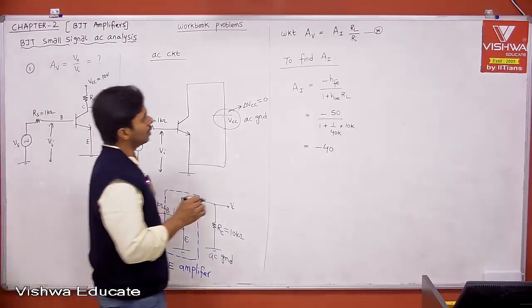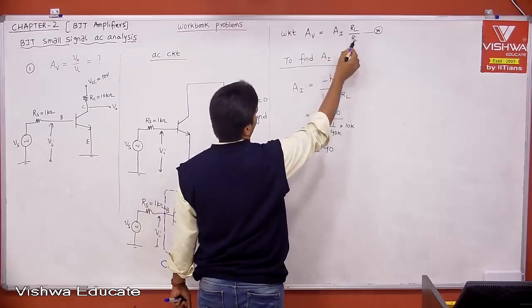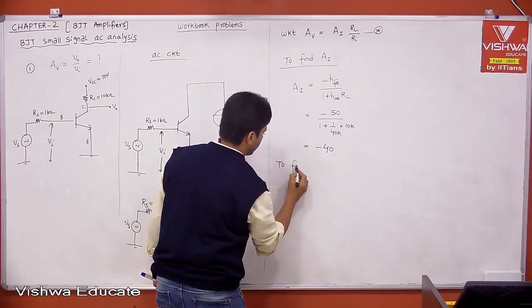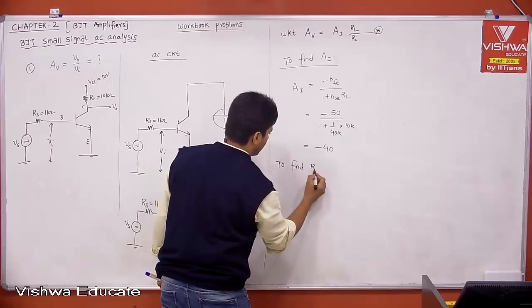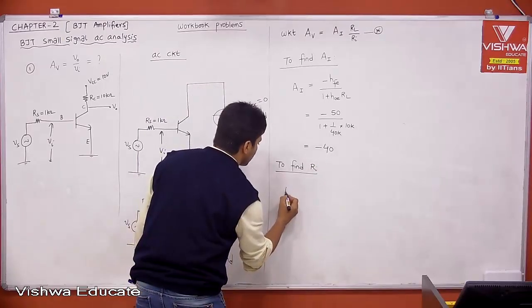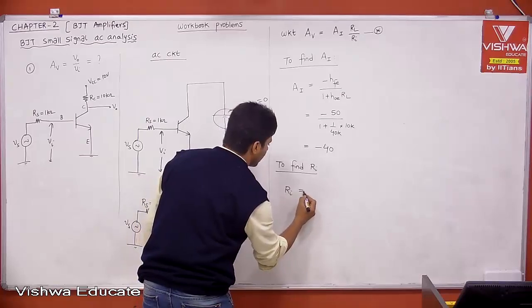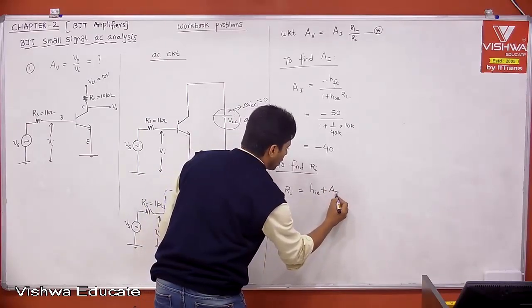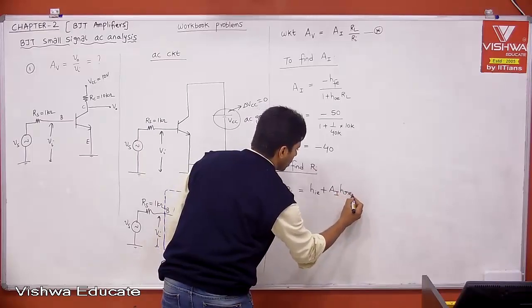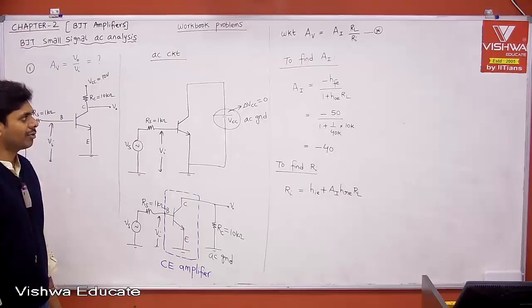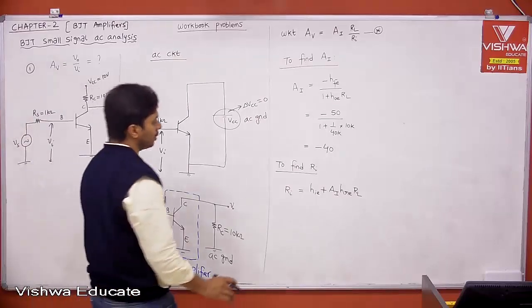Now we got to know the current gain, now we need to calculate RI. To find RI, what is RI? We know that RI is equal to HIE plus AI into HRE into RL. This is our formula, right? Then substitute.